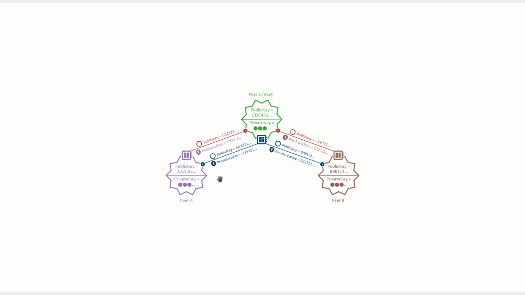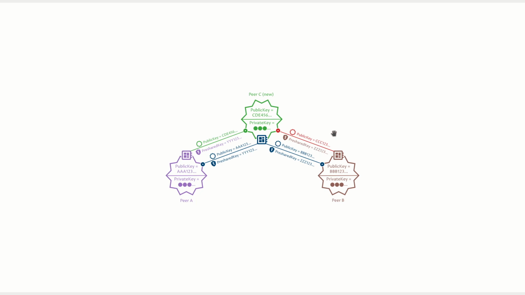So the next step is to fix this. On peer A, we'll configure its local interface with the new public key for peer C, CDE456 blah blah blah. Once we do that, now peer A and peer C can communicate again just like they could before we rotated peer C. But the connection between peer B and peer C is still broken because we're still using that old public key of CCC123.